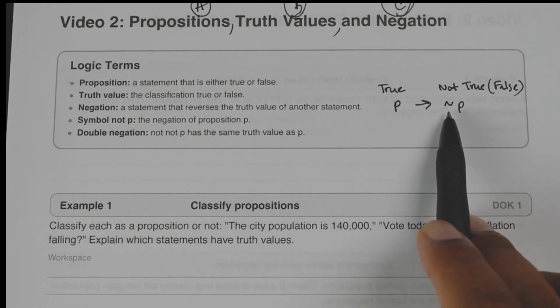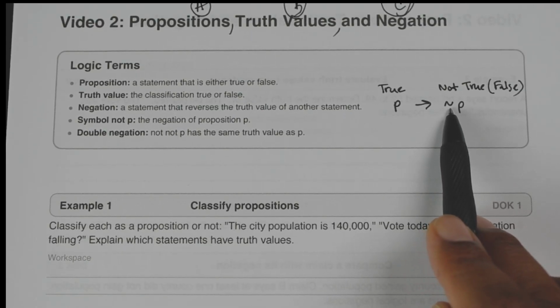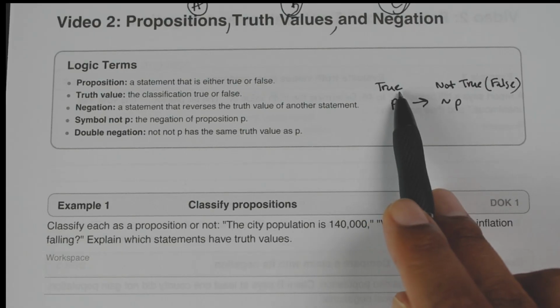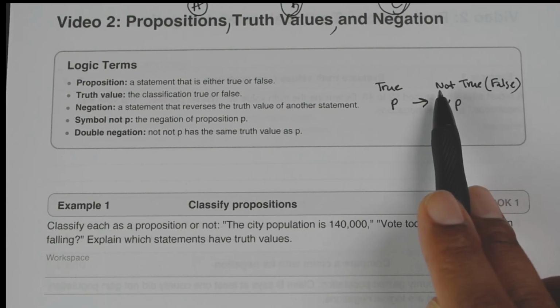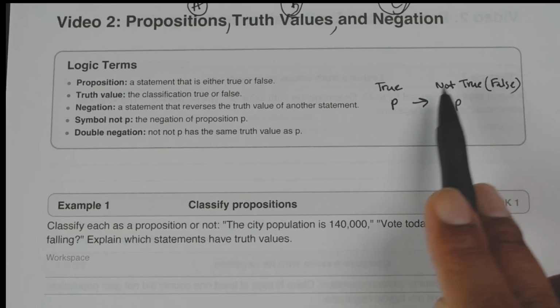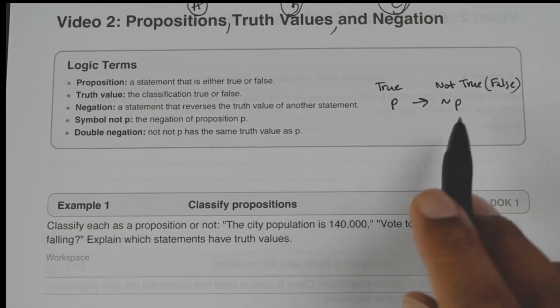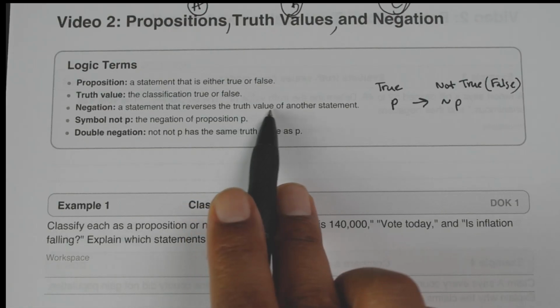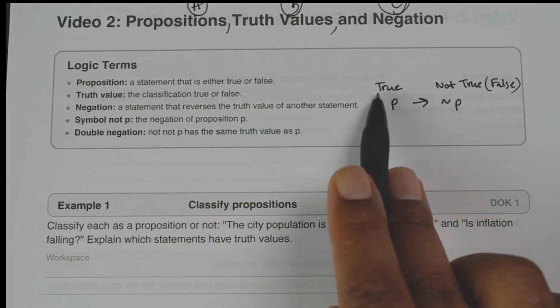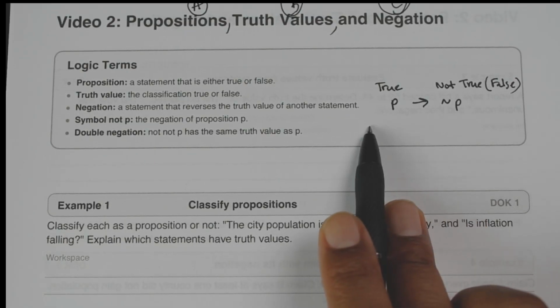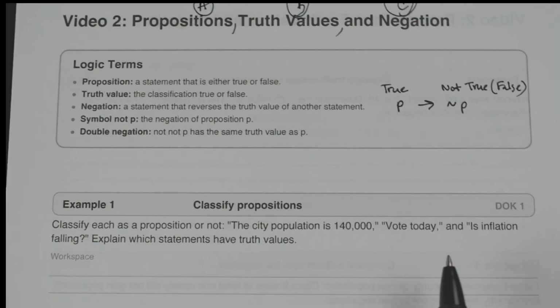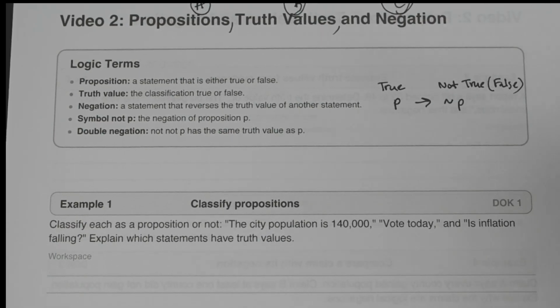And we will represent that by this symbol, which means not. So if the first proposition is true, the negation of it would be not P, or not true, which would mean it would be false. So a negation is a statement that reverses the truth value of another statement. It goes from true to false, or if the proposition was false, it would go from false to true. That's how we understand that.